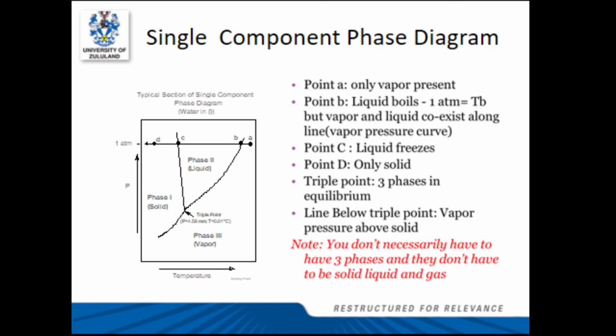I think, good people, for this lecture, that is all for the single component phase diagram. So let us not forget how to calculate P. For P, you only have to look at your reaction and you'll be able to identify which substances are given in liquid, solid, or gaseous form.